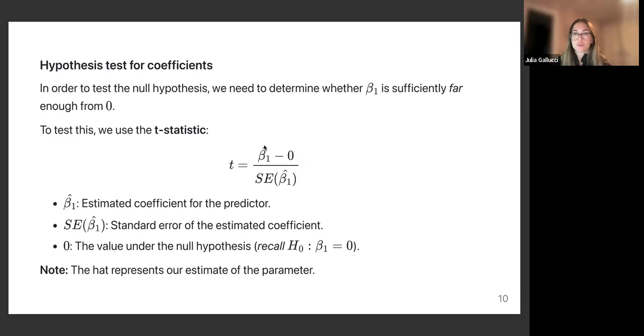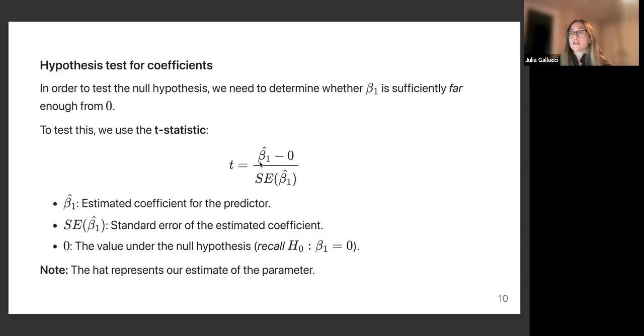We rarely know the actual value of beta 1 because we don't have access to the entire population data. So here we're only working with sample data, and as such, these parameters that we calculate are estimates based on that particular sample.